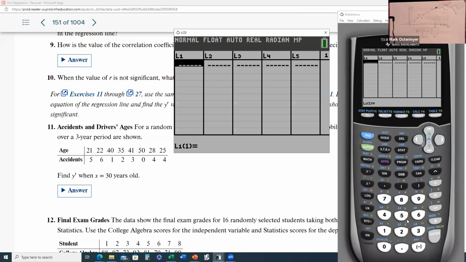Our age is X, and then Y is the number of accidents.